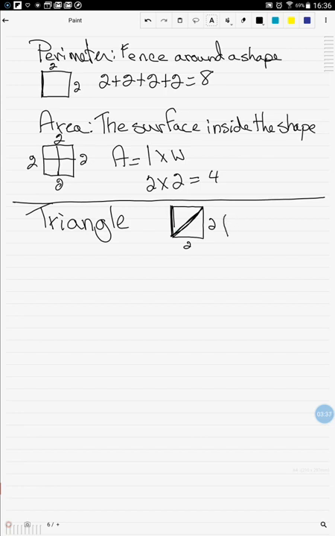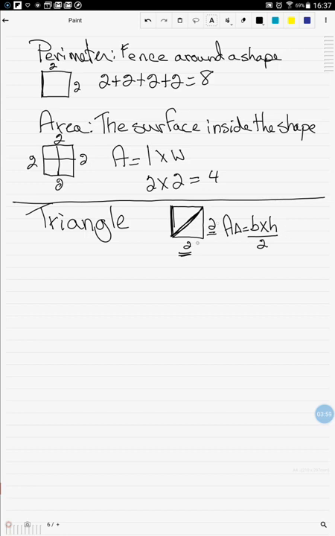So area of a triangle equals the base times the height divided by 2, so I don't get the whole thing.